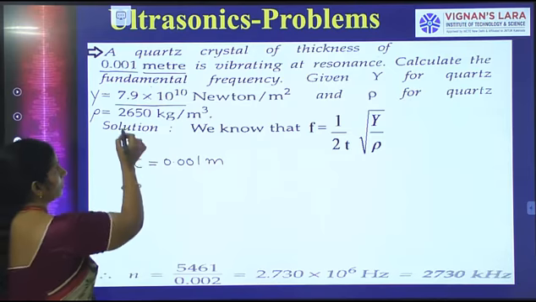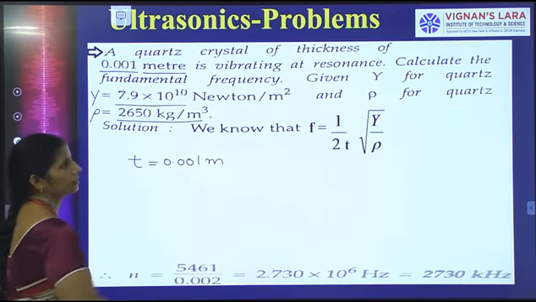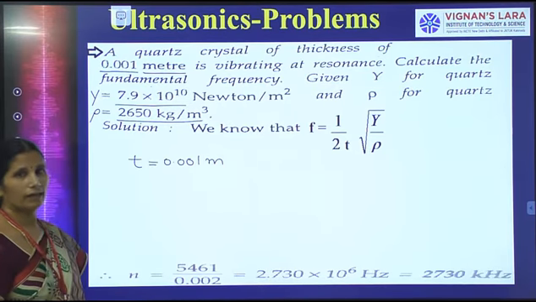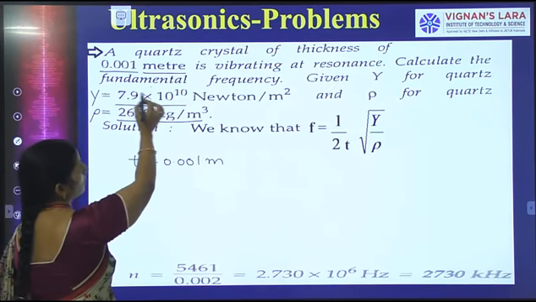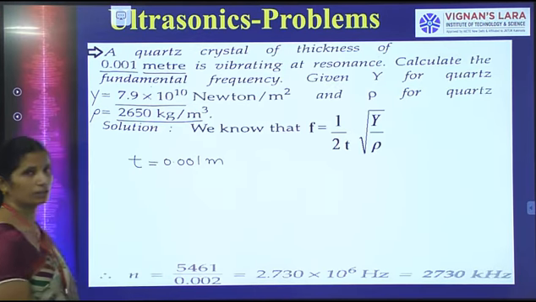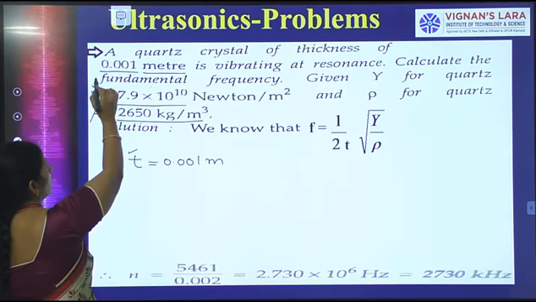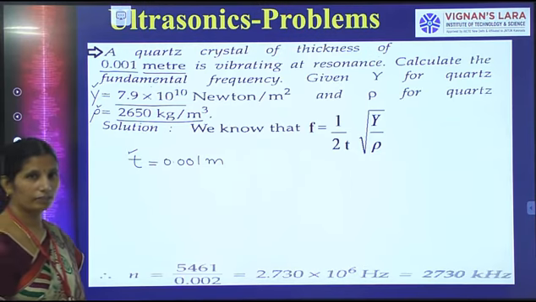So these values are given: Y, rho and thickness T. We have to calculate the fundamental frequency of the crystal. T, Young's modulus and density are given. We have to calculate the frequency.